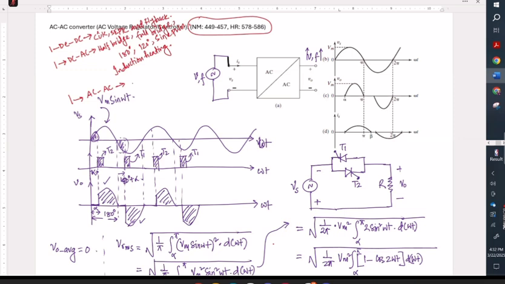And the remaining 3 sets of questions will be from your uncontrolled and controlled rectifiers, both single phase and 3 phase, that we covered after the midterm exam. So that is basically the 6 sets of questions. And if you want, we can do some recap class before the final exam as well, like we did after the midterm exam.